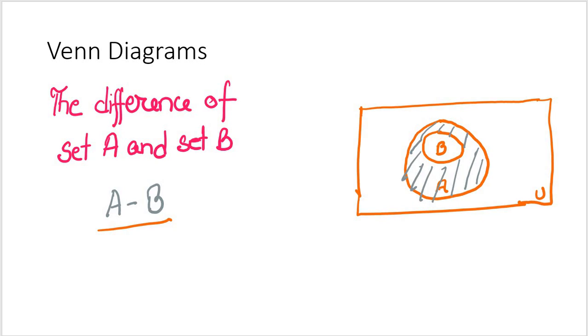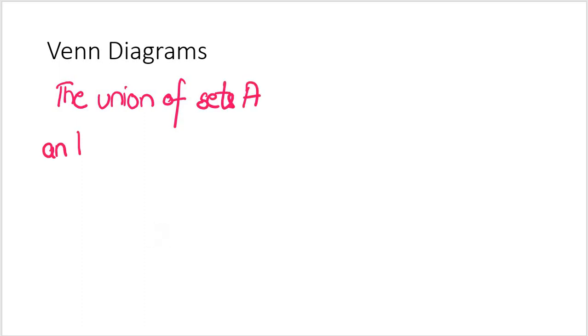Now let's take some more examples. The union operation. We had a discussion on union operation as well, where we said, okay, let's include all the things. So the union of sets A and B. Sorry, this should be set.